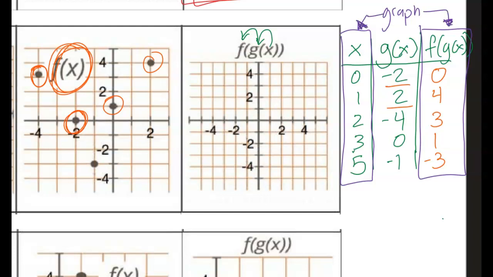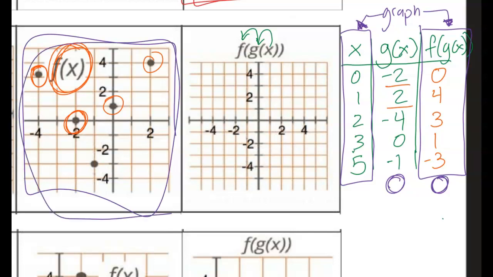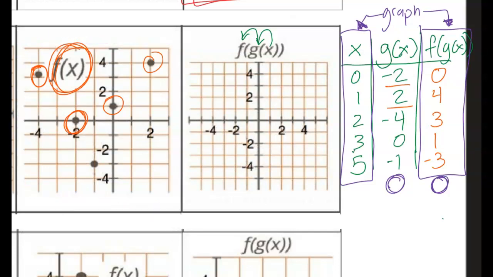So instead of graphing the outputs of g of x, you're using the initial x values and the compositions that you have.